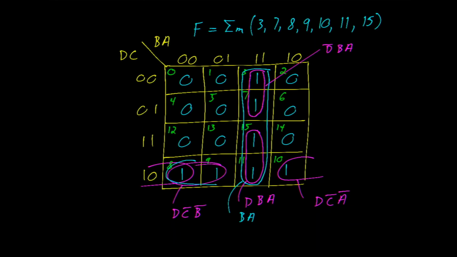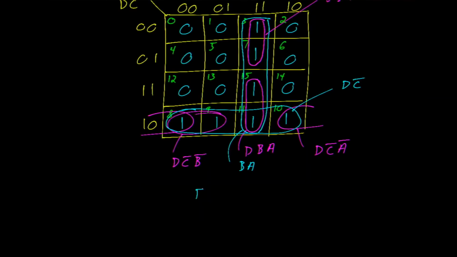We can also circle these 4 minterms here and describe that as the D C naught row, meaning our simplified equation becomes BA or D C naught, which is the best circuit we've seen so far, because all we need is an inverter, two input AND gates, and a 2-input OR gate.